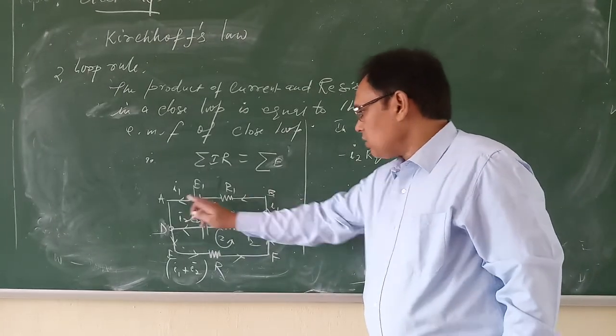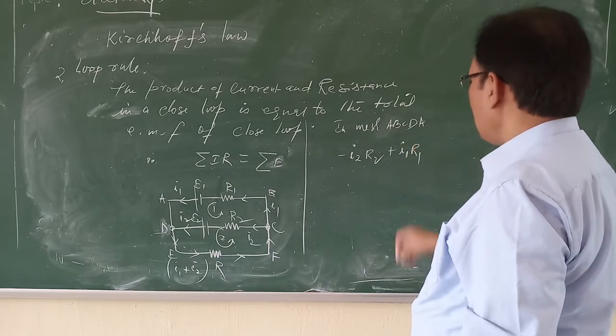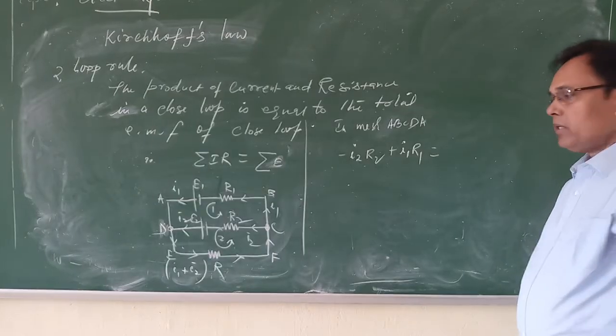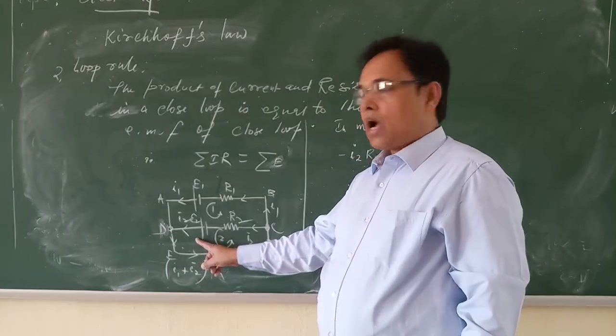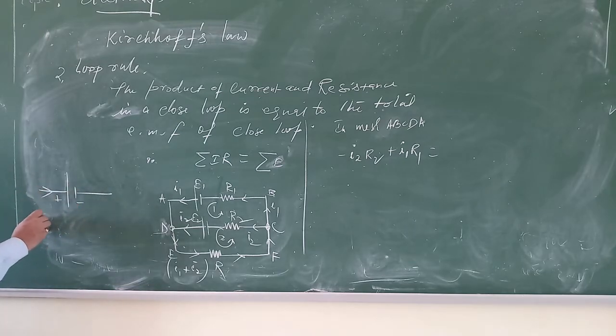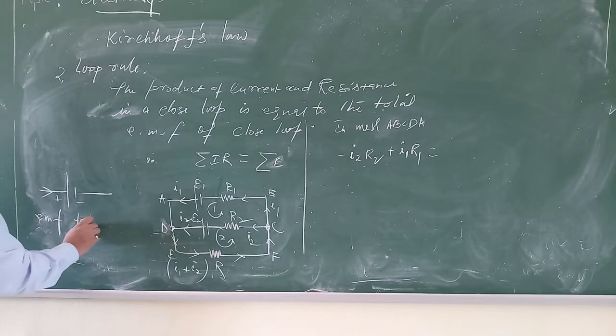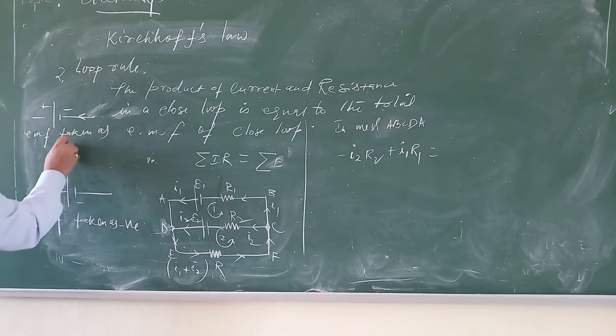B to A, you are moving from B to A and the current is in the same direction, so the product will be positive, I1 R1, and this is equal to the total EMF of the cells. Whenever you move in a cell from positive to negative, the EMF is taken as negative, and whenever you move from negative to positive, the EMF is taken as positive.